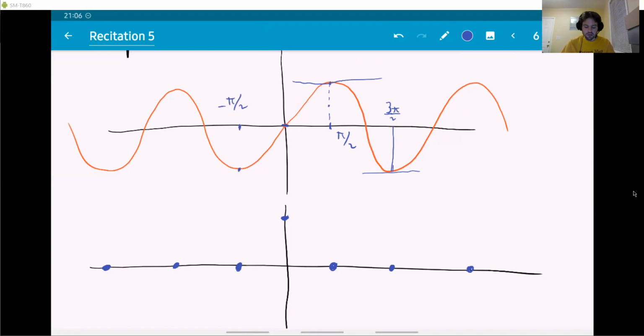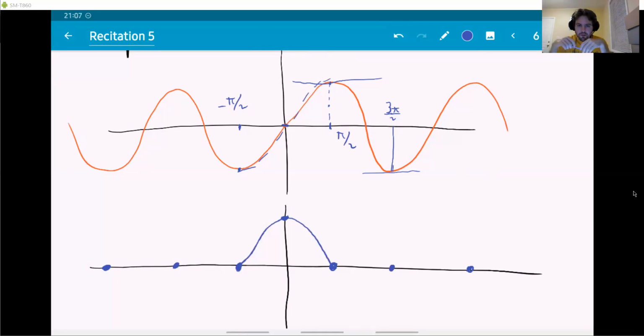In between, the tangent lines start increasing first of all, and then decreasing again. The graph started as horizontal, started going up, but then horizontal again. So the tangent is trying to do exactly this. Always positive. The value of p prime is always positive between minus pi over 2 and pi over 2. But it goes from 0 back to 0.